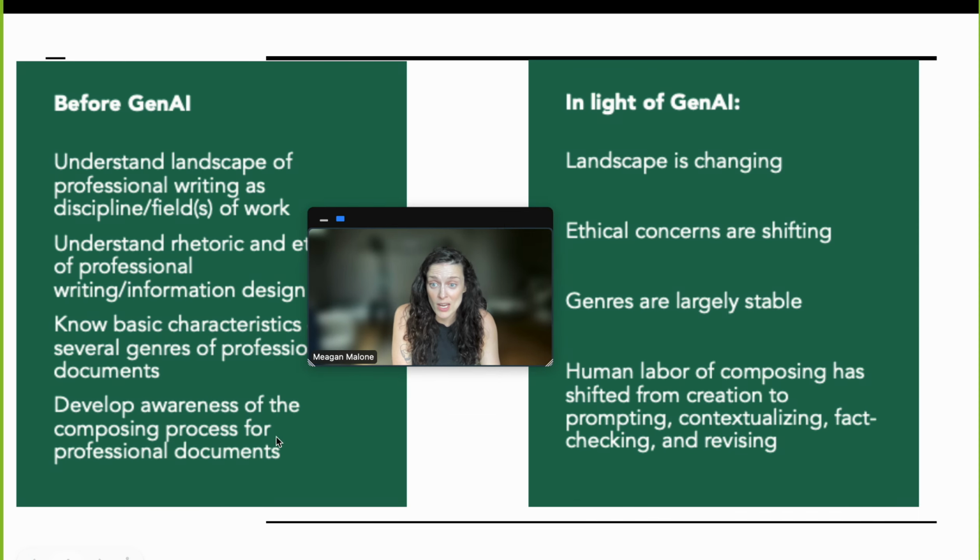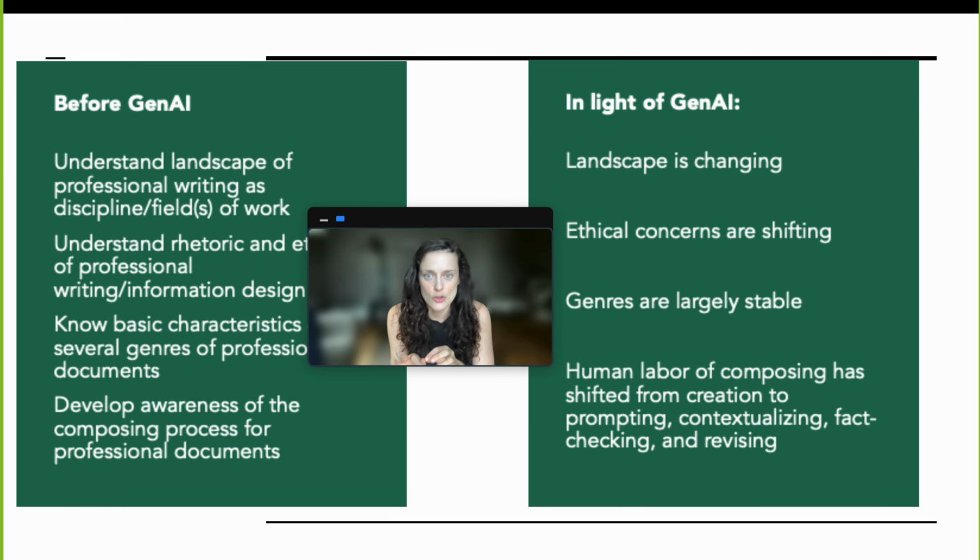However, this part right here, developing an awareness for the composing process, has almost entirely changed in the last 5, 6, 7 months. Especially when it comes to professional writing, if it's writing copy, if it's writing policy documents, if it's technical writing like instructions and manuals, the human labor of composing has shifted from the drafting element.